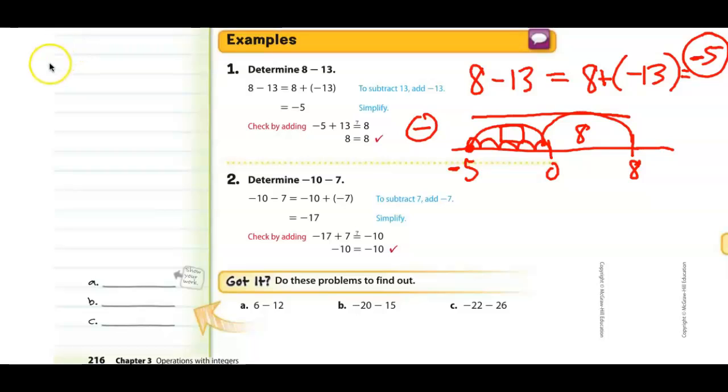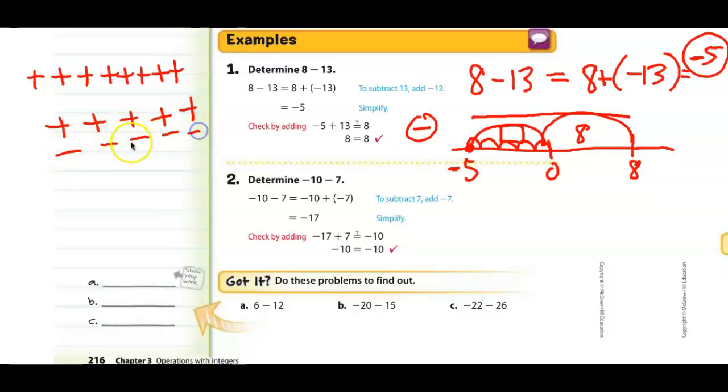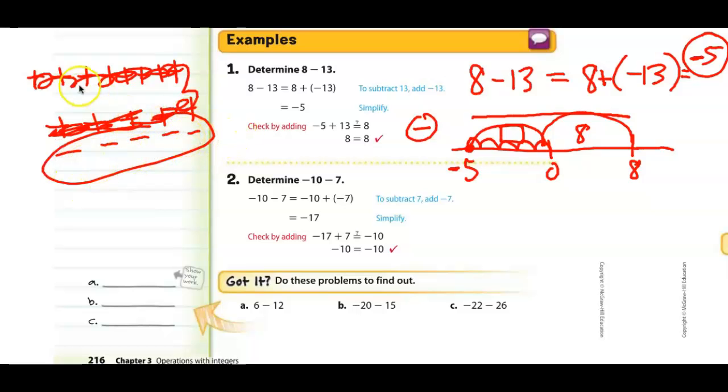So if we did the 0 pairs and we had 8 positives, which we want to take away 13 positives, 9, 10, 11, 12, 13, and if we added 5 positives to get to 13, we'd have to add 5 negatives, and so then when we take away all of the positives, taking away the positive 13, that ends up with those negative counters.